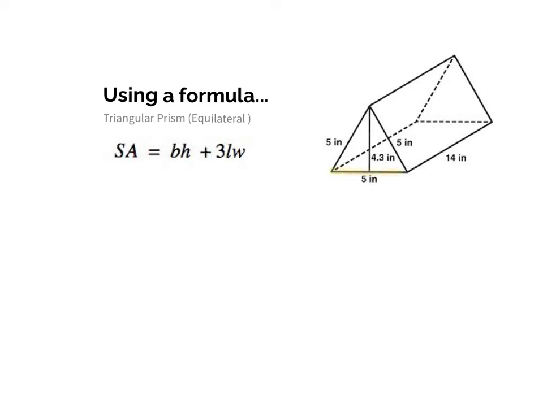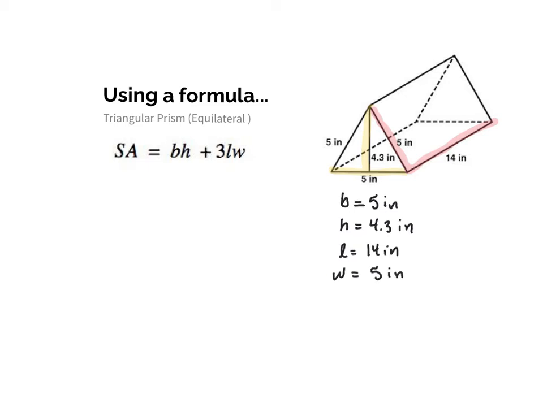Let's look at the same object, but this time using our formula. Formula here needs the information from our rectangular prism of the base and height and the length and the width of the rectangle. Let's jot those down so we have them ready to put into our formula. Our base is 5 inches. Height is 4.3 inches. Length is 14 inches, and the width of that rectangle is 5 inches.